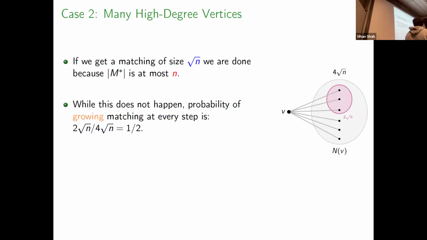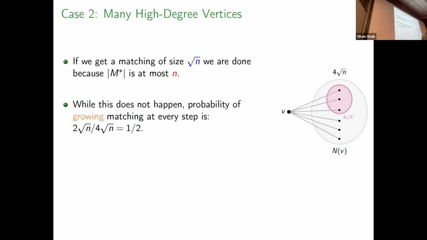Why? Because let's look at this picture. Let's look at this vertex B, which is high degree. It has 4 times root n number of neighbors, but I've not reached a matching of size square root n in my samples yet. You should think of going one by one over the samples and trying to apply this argument.